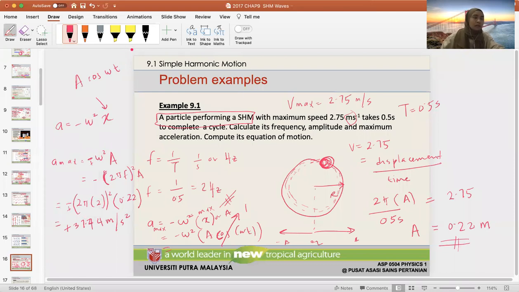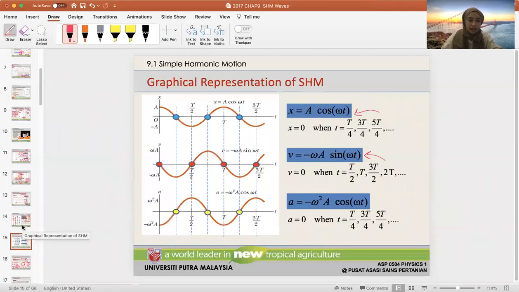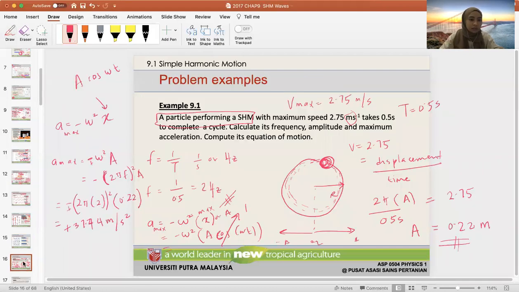It is A to minus A, to A, to minus A. What is the displacement x that makes acceleration maximum? Let's look at the graph. The maximum is here. What is x? x should be negative A. So if I want to make acceleration a maximum, my x should be negative A.